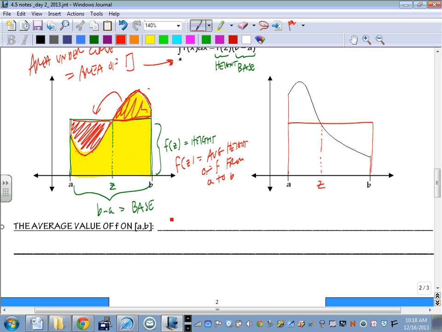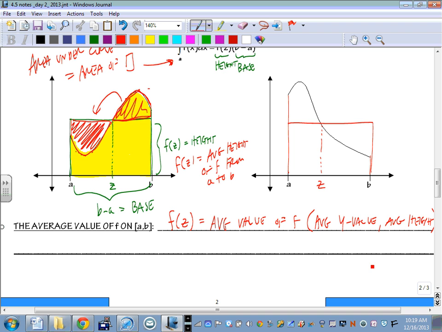Alright, so this f of z equals the average value of f. Or another way of thinking of it is the average y value, or average height of the graph.